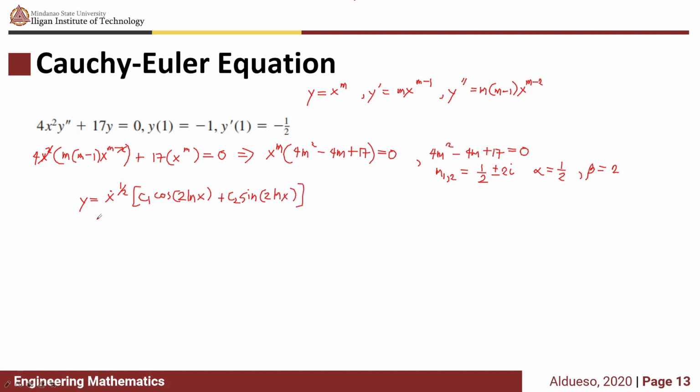Now, to get the values for C1 and C2, first we need to get the first derivative of this equation.